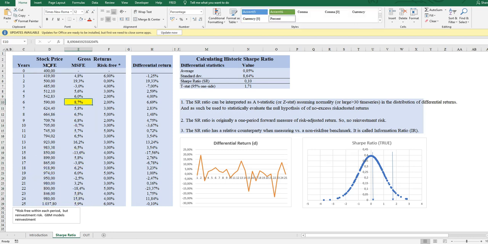This implies that the return I calculate here, just by taking the price today divided by the previous one minus 1, is a gross return, so the total return of Microsoft in each period is measured here.